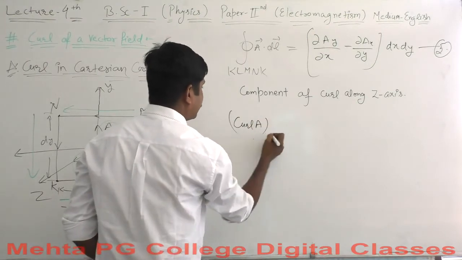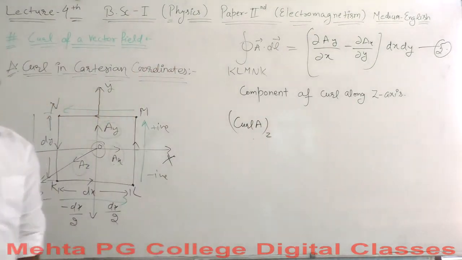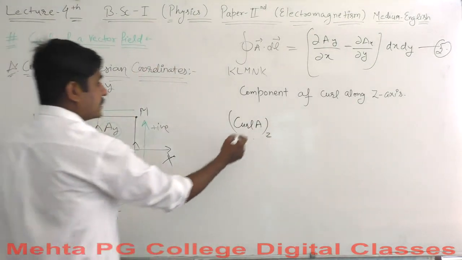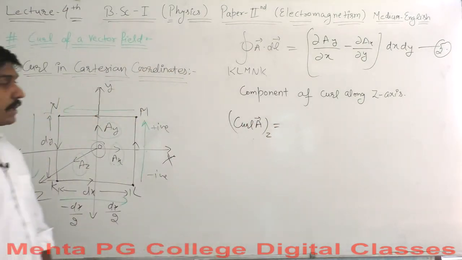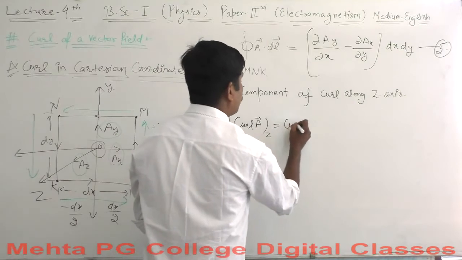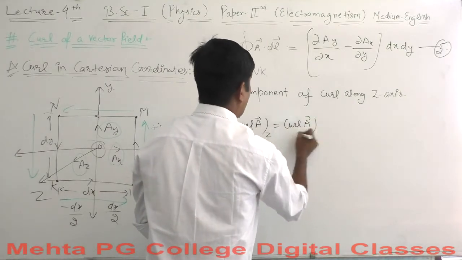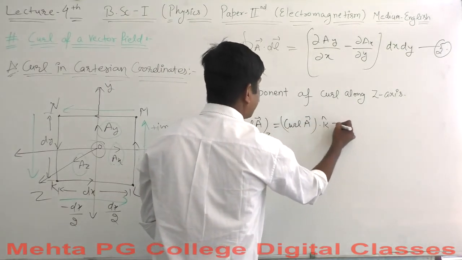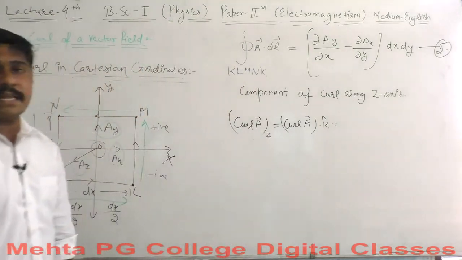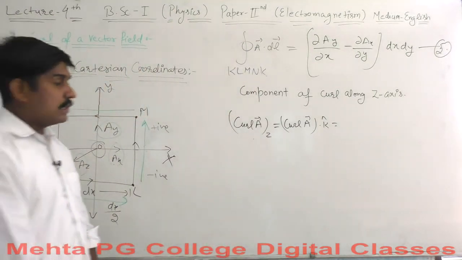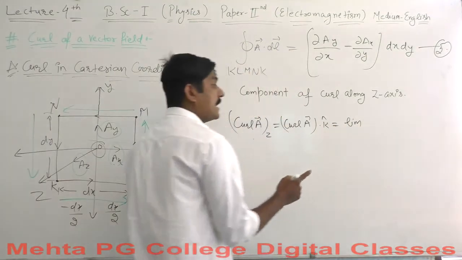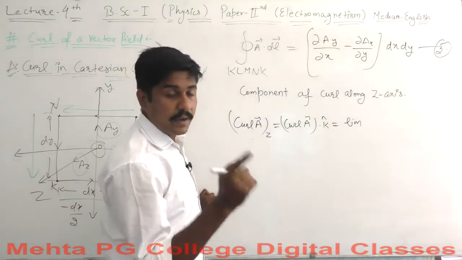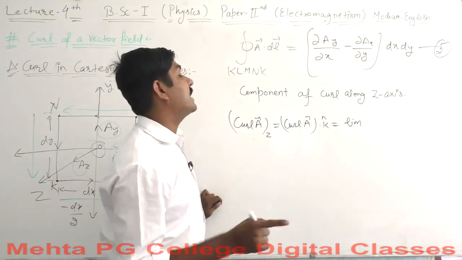Curl of A with respect to the z axis, a vector, sorry, it will be equal to the curl of A and the unit vector k cap. You say the unit vector k cap represents the direction. Limit, you say the limit was dA approaches 0. So what is the area here?